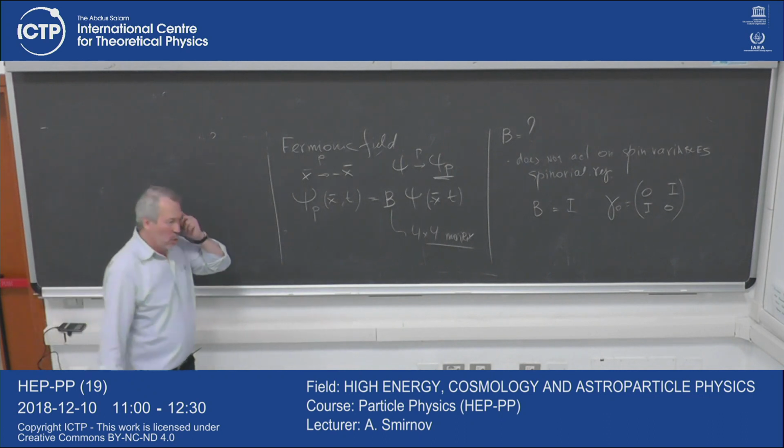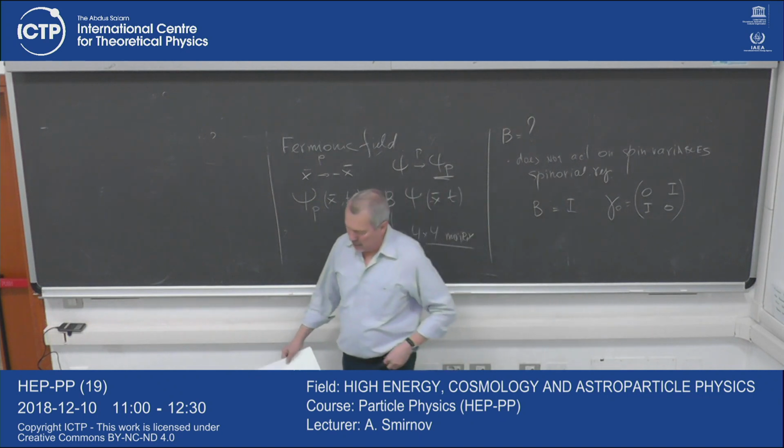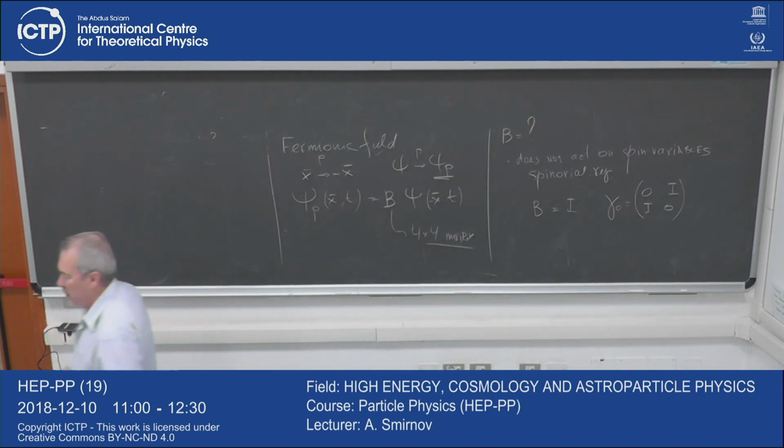No, in any case, I can choose some other basis and still have this in the spinorial representation, and then I need to define it in a different way. In this representation, it's clear that because I have plus 1/2, minus 1/2 in one kind of doublet and another doublet, it's easy to see that this doesn't change the spin variables.